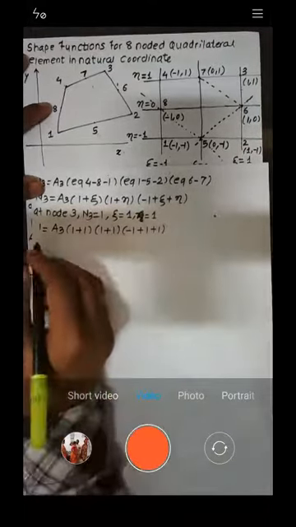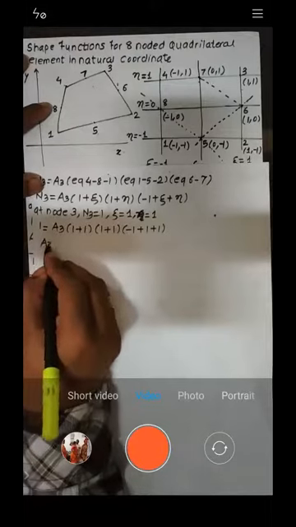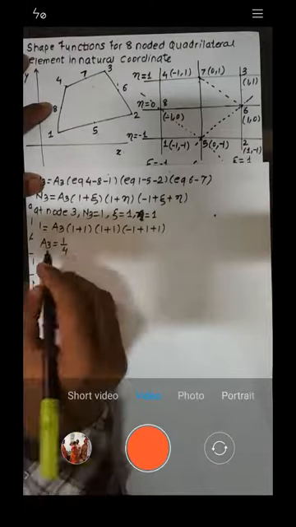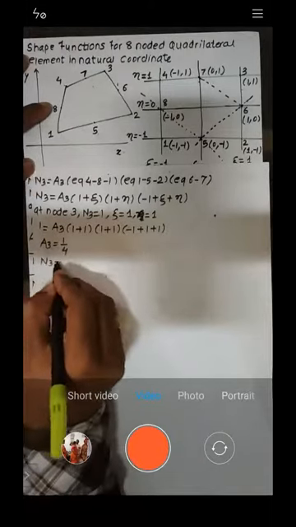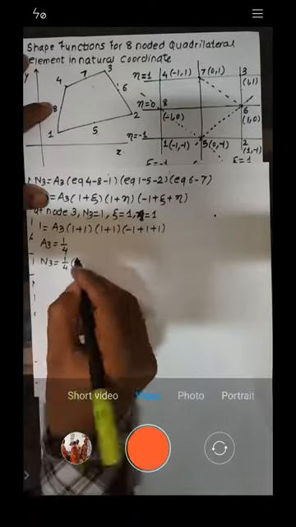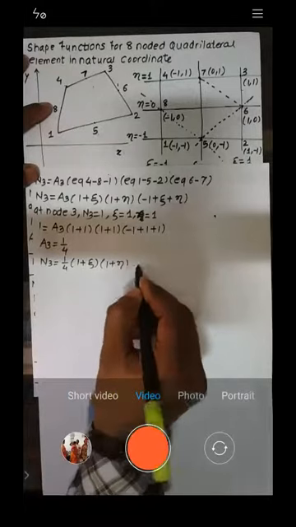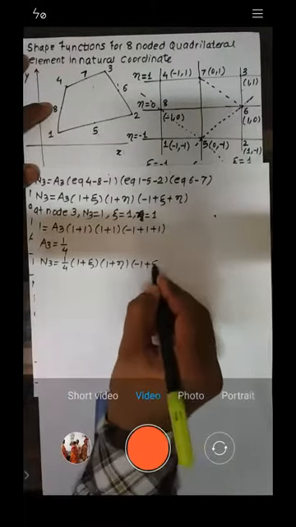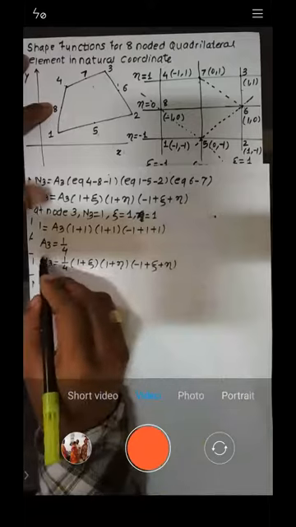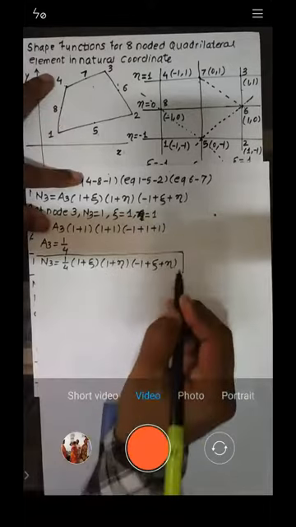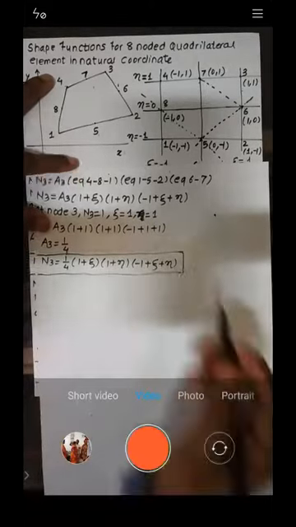So you will get the value of A3 as 1 by 4. So N3 is equal to 1 by 4 into 1 plus zeta, 1 plus neta, minus 1 plus zeta plus neta. This is the value of shape function N3 which we are getting.